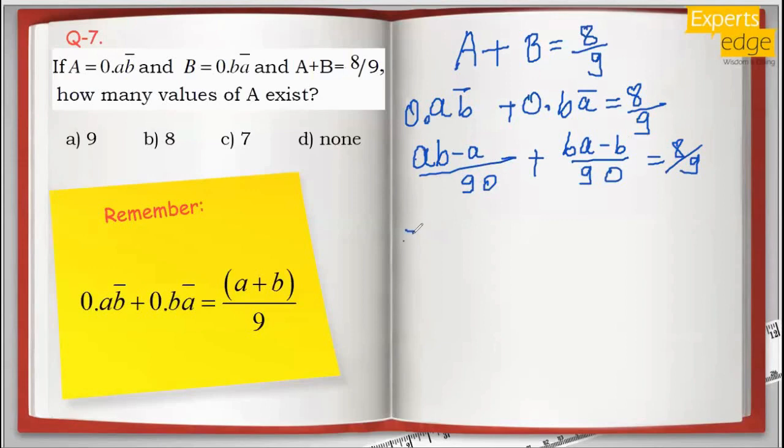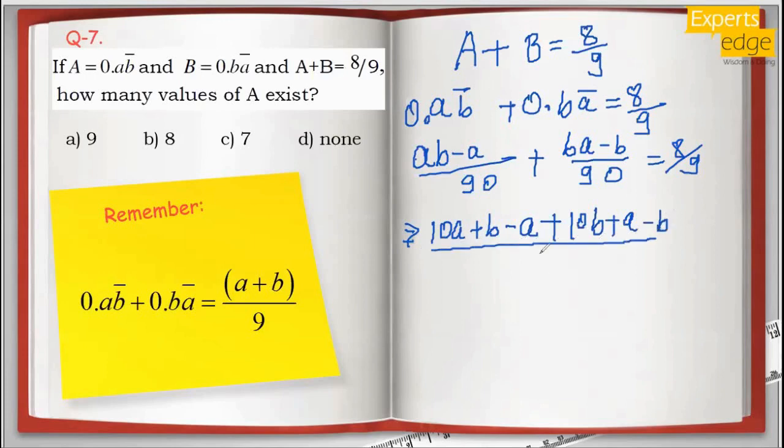So any 2-digit number can be written with A at the tens place and B at the units place. So this can be written as 10A plus B minus A. Similarly, BA can be expanded as 10B plus A minus B. The common denominator is 90. This should be equal to 8 by 9.